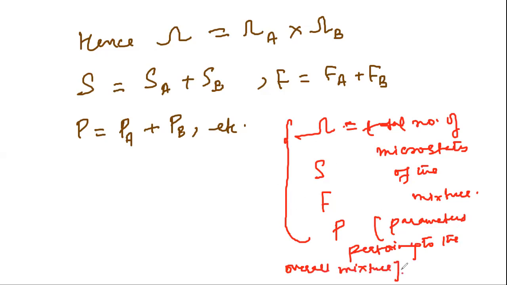Right? What about this sigma A, SA, FA, PA, which I write in blue? What are they?